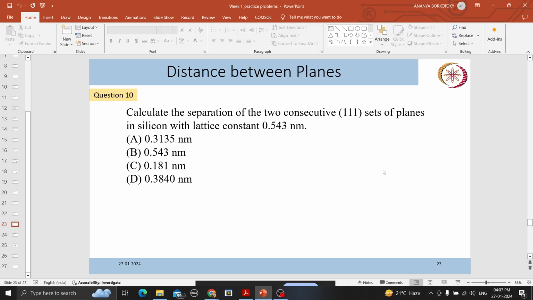Option A. Yes, option A. So how did you get that answer? Can you please explain? With the expression d equals small a divided by root of h square plus k square plus l square, we can place the values and get the result.